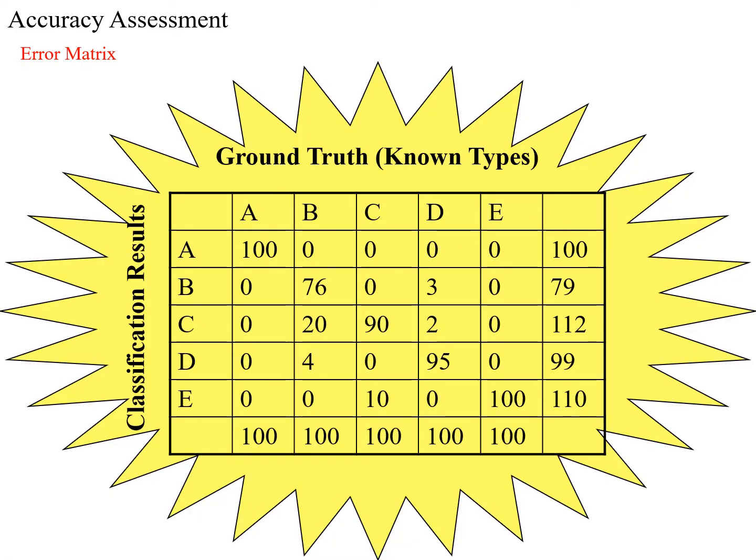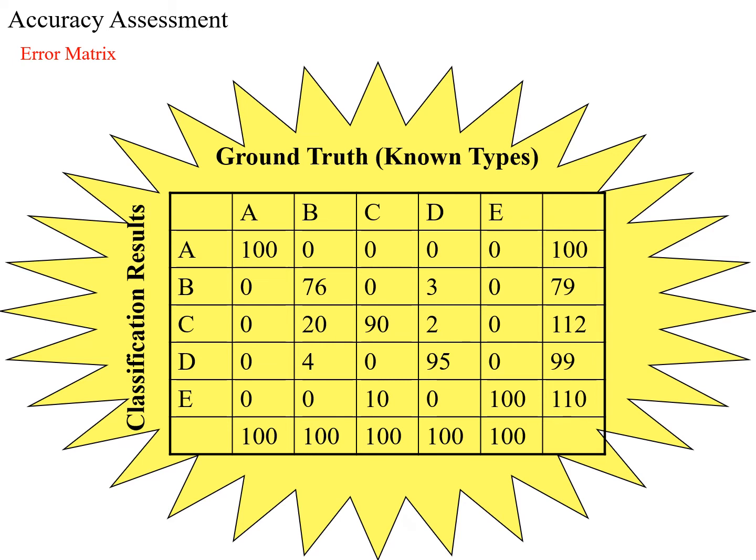And that's what it looks like. Okay, so we've got ground truth values in columns, and we've got classifications in rows.